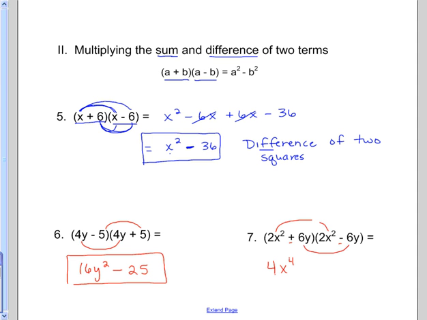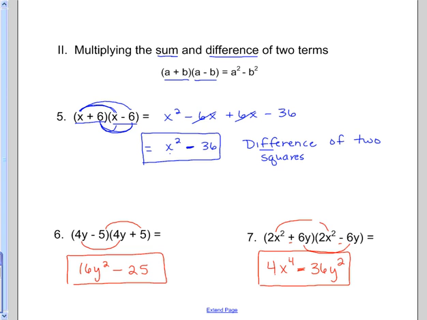And the last, 6y times negative 6y would be a negative 36y squared. So my answer will be a binomial, 4x to the fourth minus 36y squared, with the difference between those two terms, that being subtraction.